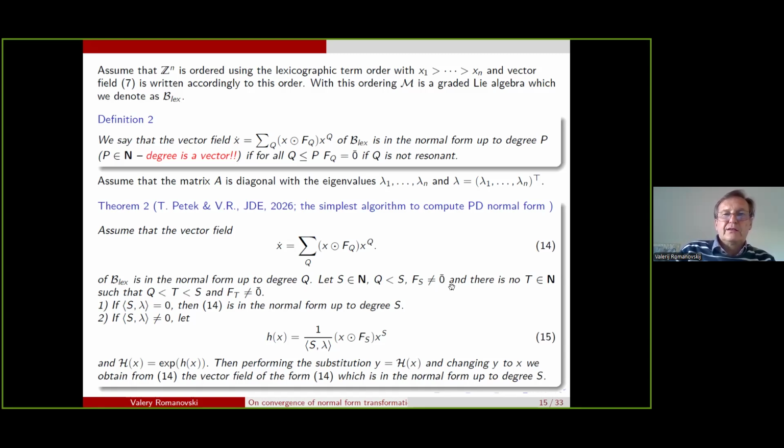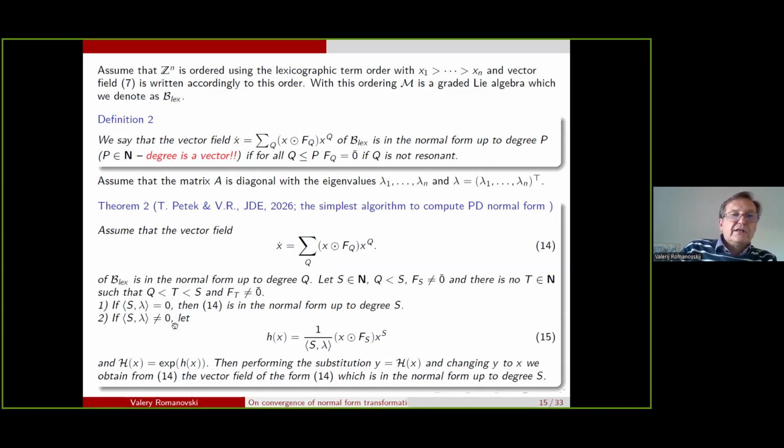Now let S be greater than q, f_s not equal to 0, and there is no t between q and S such that all these coefficients of t are equal to 0. Then if we have this condition, S is a resonant term, and our system is in fact in the normal form up to degree S.